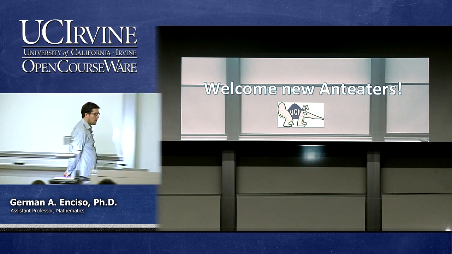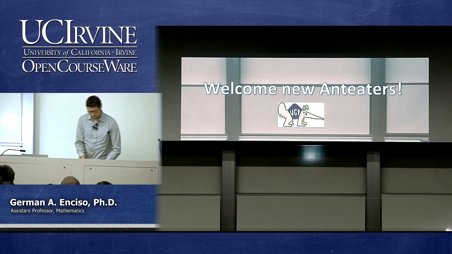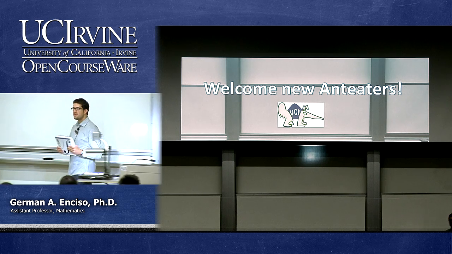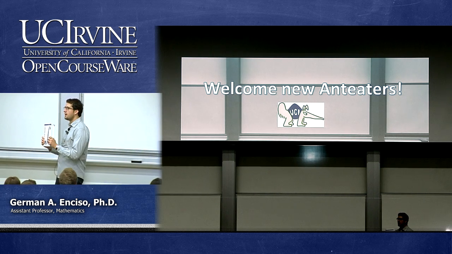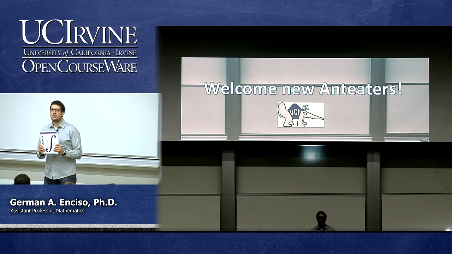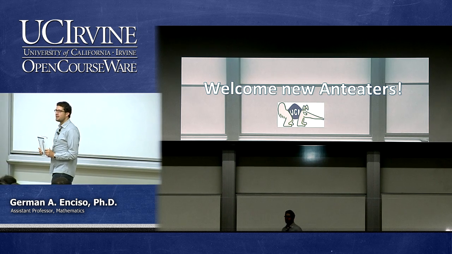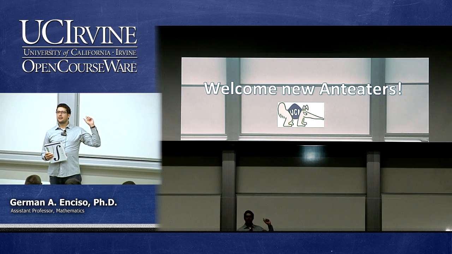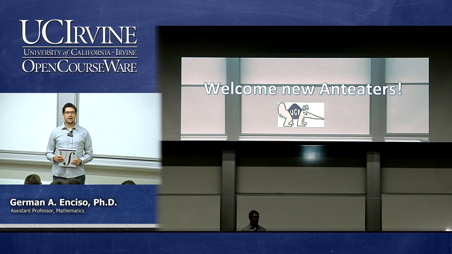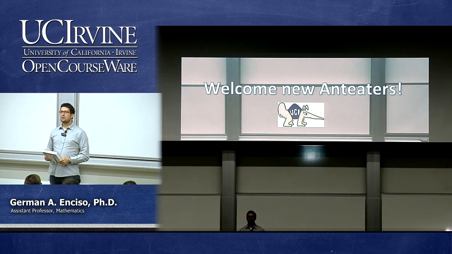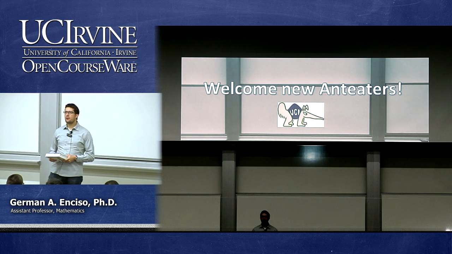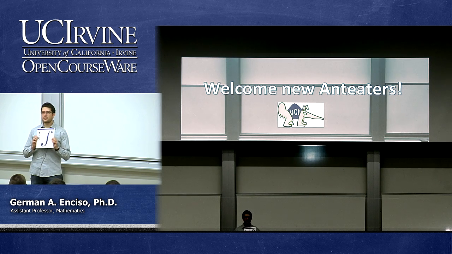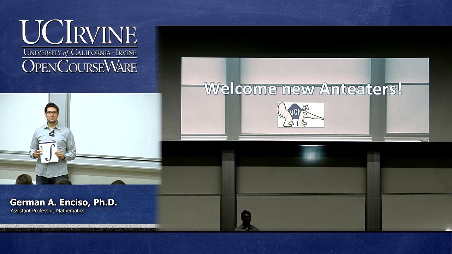We're going to be using this book, Stewart, 7th edition, okay? If you don't have it already, there are several options. You can buy the book. You can get the custom edition from UCI also. You can also get a DVD version, and any version works as long as it's 7th edition and as long as it's early transcendentals.